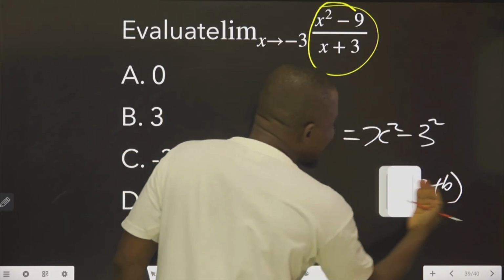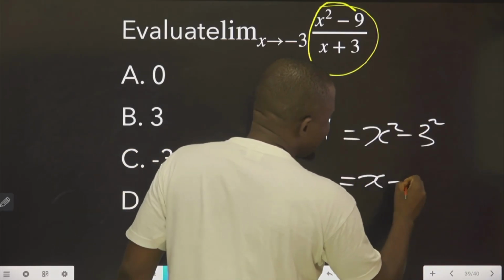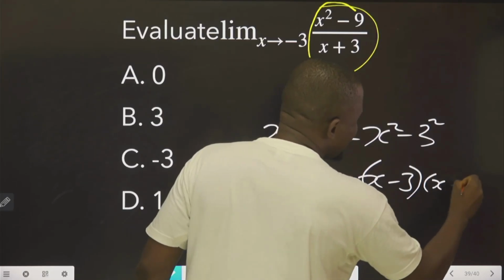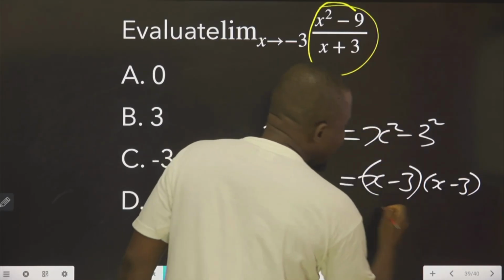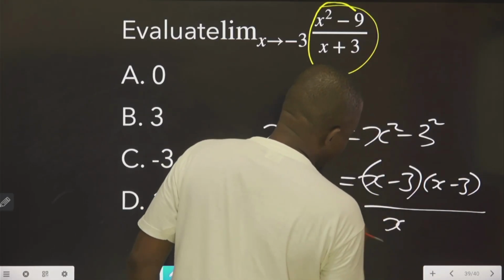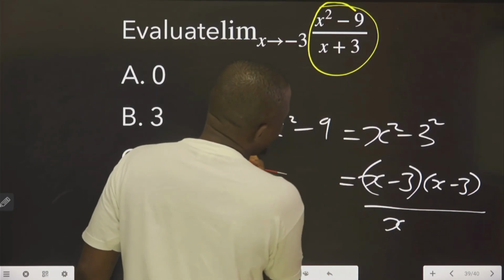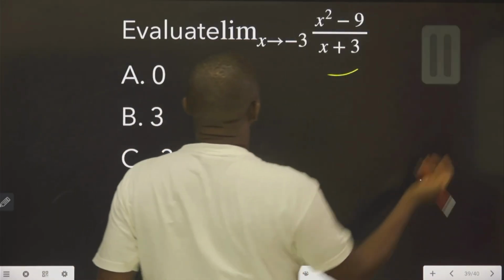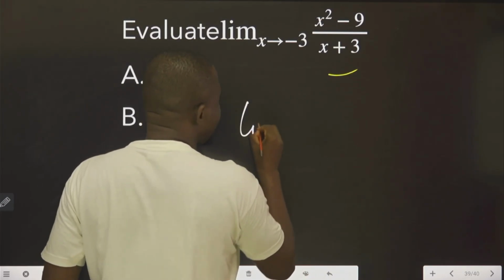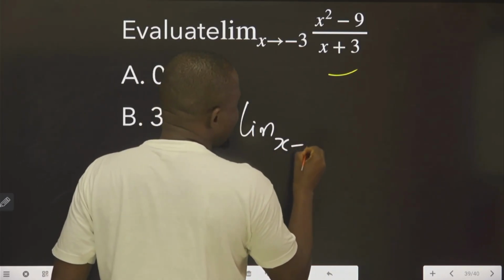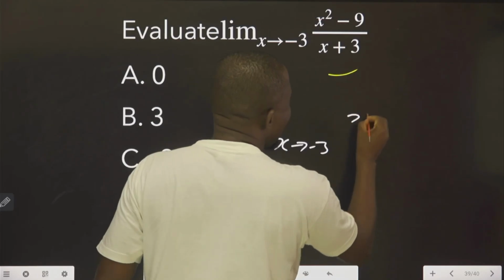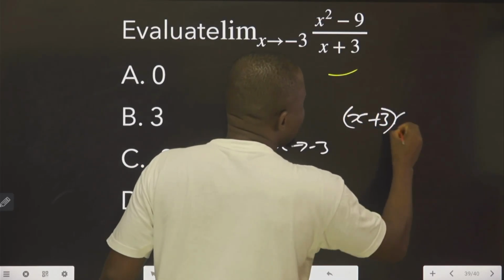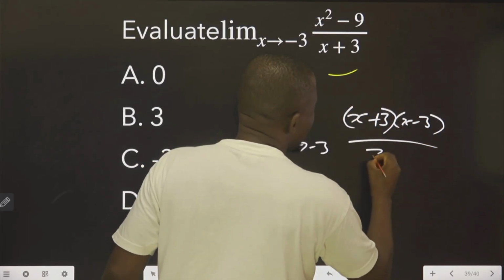So therefore, this is s minus 3, s plus 3. Now that I have shown you how to do it, let me go back here. So we're going to do limit as s is tending towards minus 3. This is now s plus 3 over s minus 3, s plus 3.